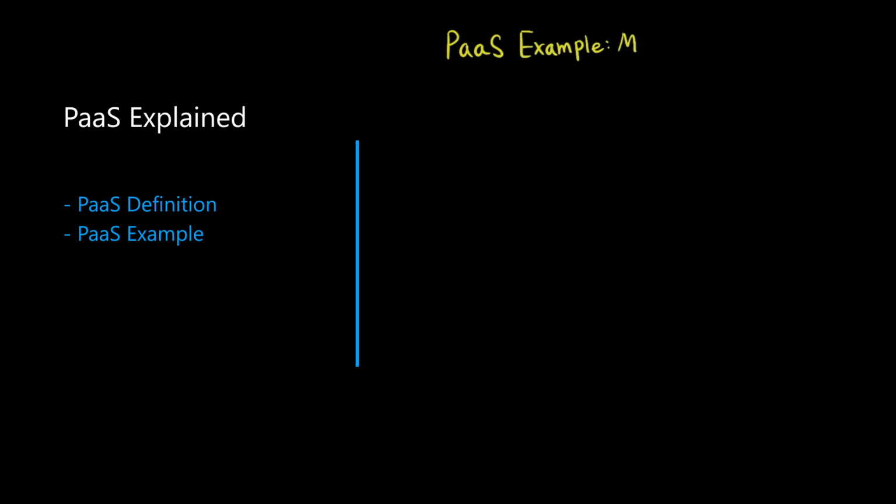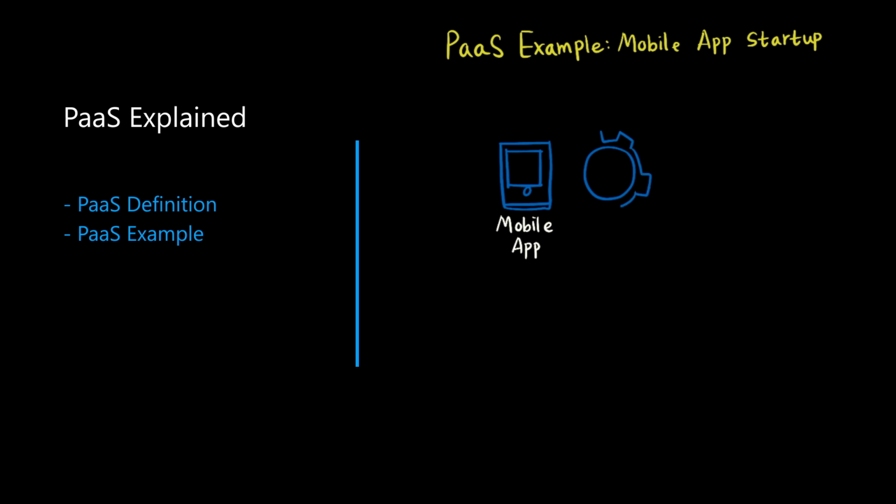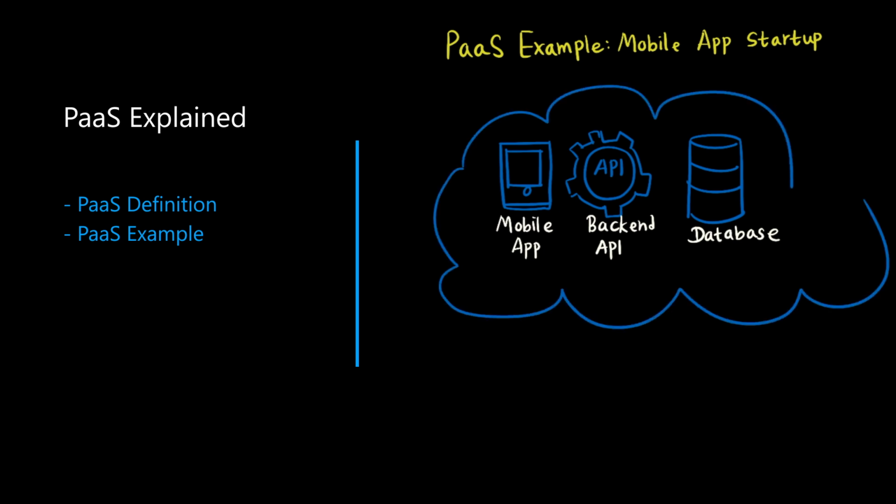A startup is developing a new mobile application that needs a back-end API, database, and authentication service. Instead of spending weeks setting up servers, installing database software, configuring load balancers, and implementing authentication systems, they use a PaaS solution. The platform provides pre-configured database services, automatic scaling capabilities, integrated authentication modules, and built-in monitoring tools.